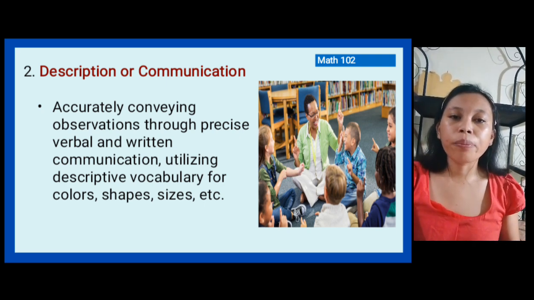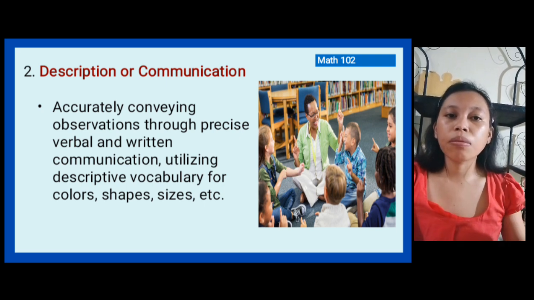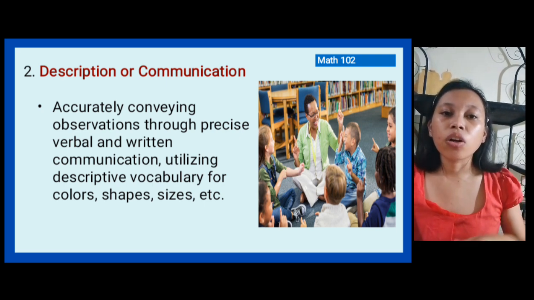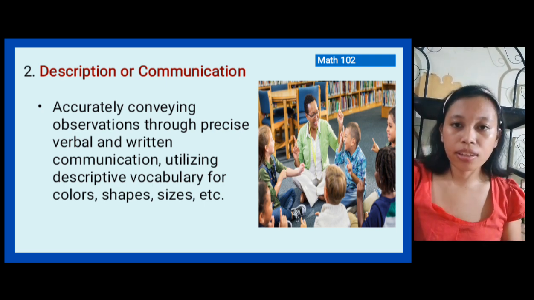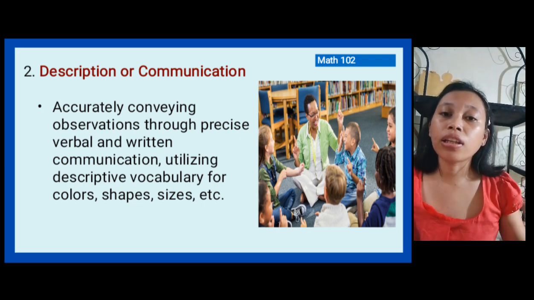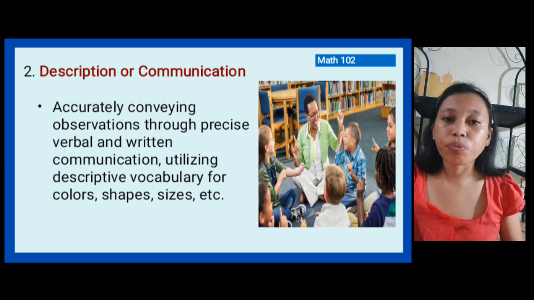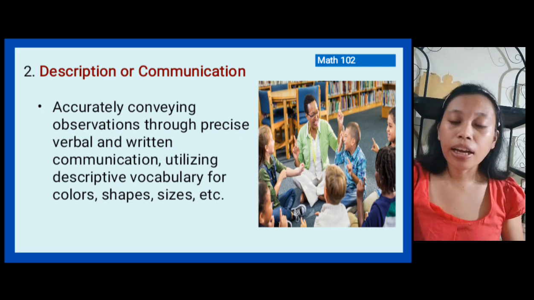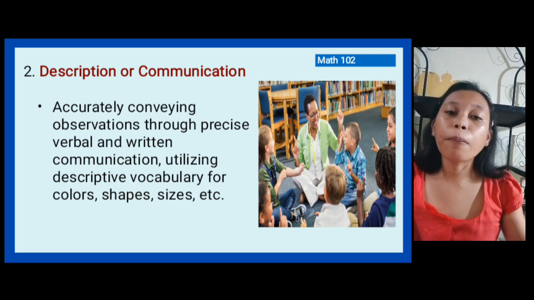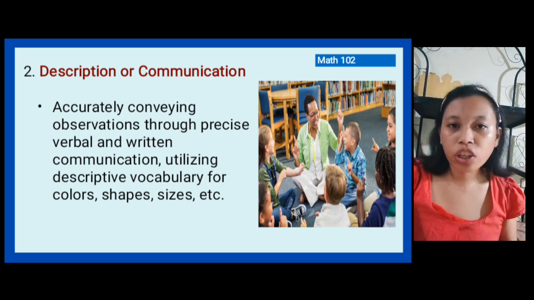Example, students describe their plant's growth using descriptive words, for example, the plant grew centimeters taller today. Through communication, you share your knowledge with everyone, and they also gather information from you. That's the importance of communication.